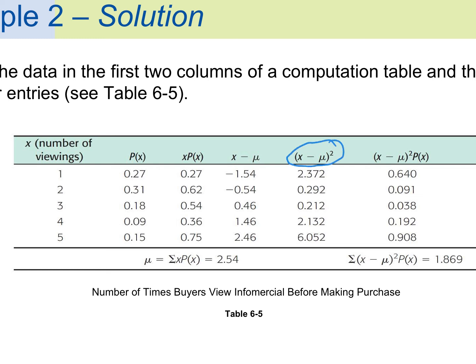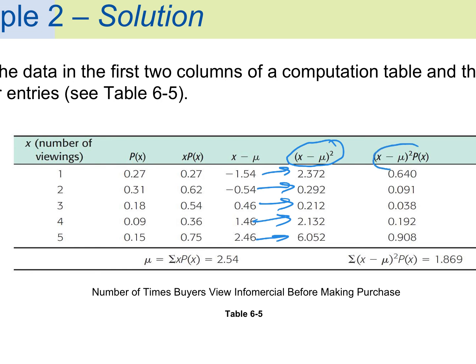Why do we have to square? Because you can't have negative values. You're looking at the distance we are away from the mean. Remember, standard deviation is the spread about the mean. So we have to square each of these numbers, and that's where these come from.